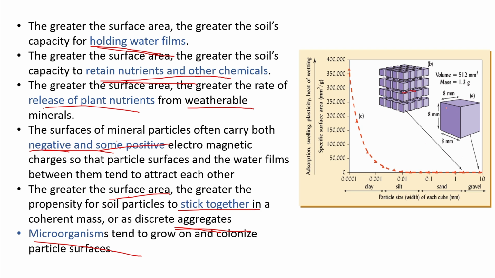When we cut, the specific surface increases. That's why the specific surface of small particles per unit mass will be greater than the specific surface of the big particle of the same mass. That is the concept here.